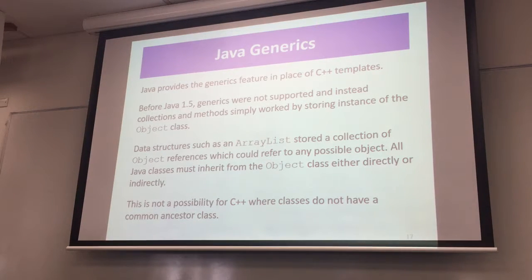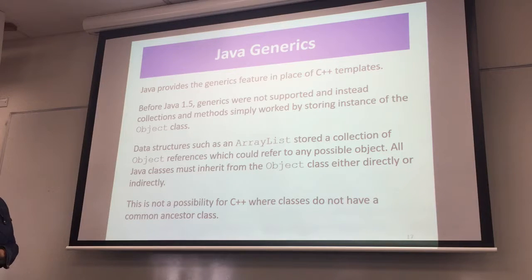Now, before 1.5, generics were not supported, and when they were introduced, they were not introduced with a lot of thinking, and it had to be updated with the latest version. Java 7 had improved things.